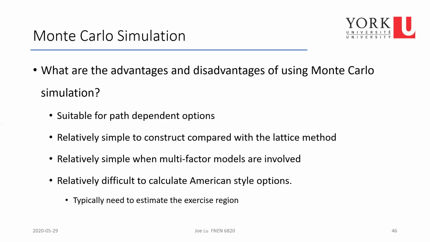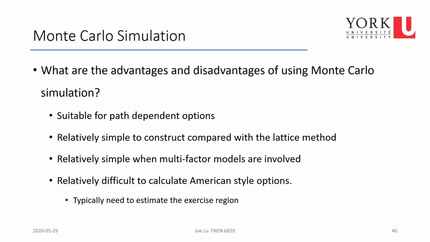So that path will get cut off, because at that point you have exercised the option or the financial derivative. And if the path does not go across the exercise region, you can just continue that path, so that you will not exercise.